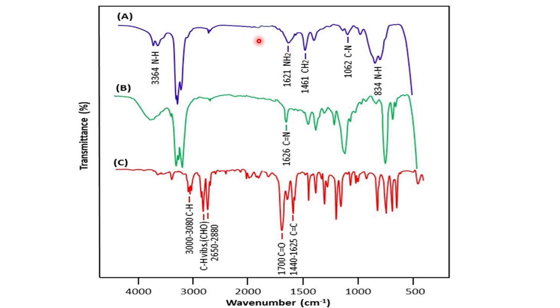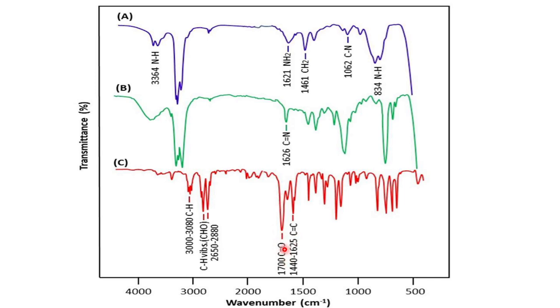Now when you react aldehyde with amine, C double bond O is converted to C double bond N, because the aldehyde reacts with the NH2, there is a release of H2O, and there will be C double bond N. When it was oxygen, it was around 1700 centimeter inverse. Now it is substituted by nitrogen, and it comes at 1626 centimeter inverse. So it is clearly visible how the peak position shifts by changing the atom.